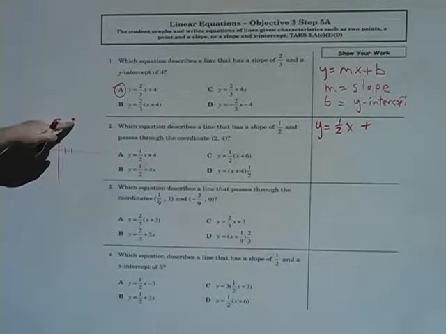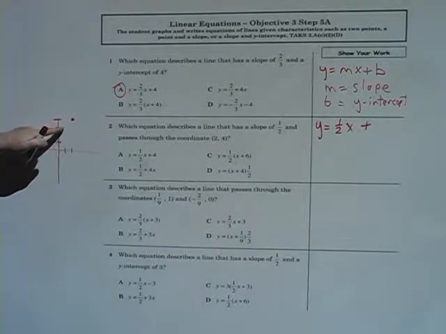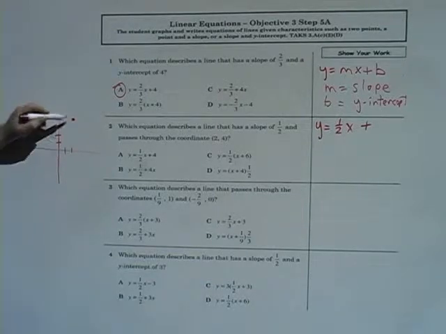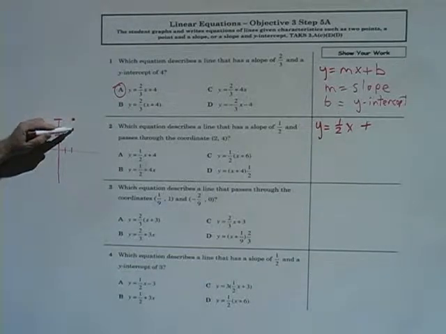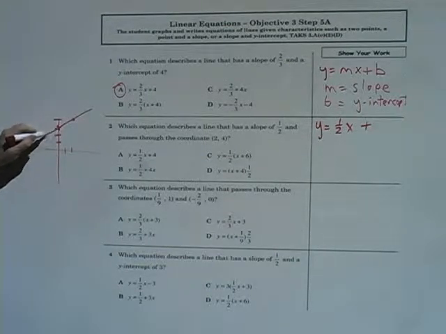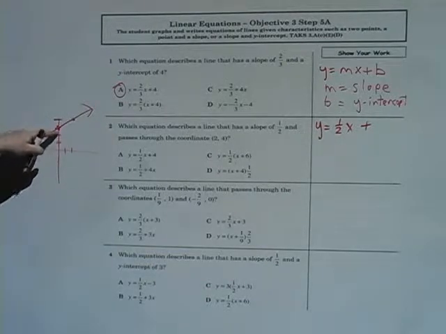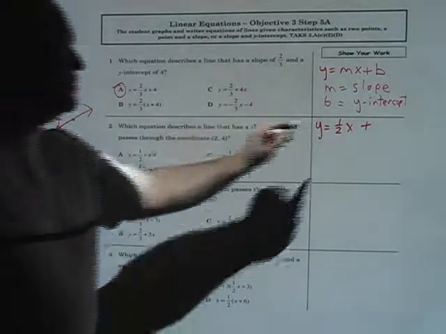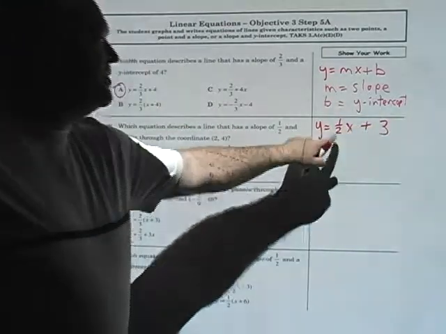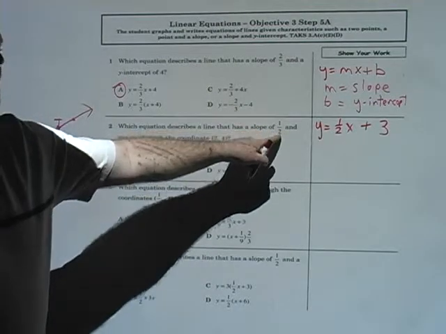So it would also go down 1 and over 2 to the left. So we could go down 1 over 2 to the left, which would put it right here. So our line would be coming right through here. And now you can see that your y-intercept is 1, 2, 3. So your y-intercept is 3. Your slope is 1/2. They gave that to us.